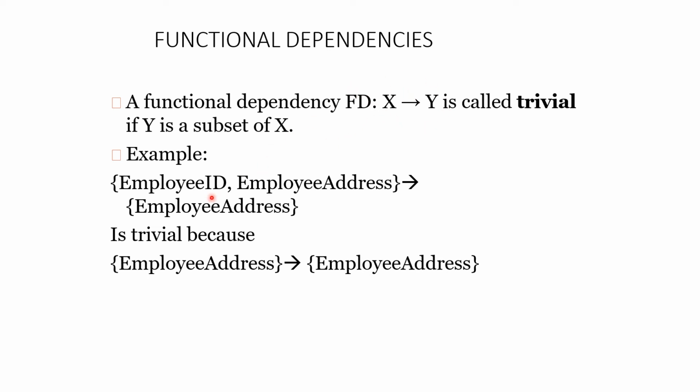For example, employee ID, employee address determines employee address. We can easily see that this employee address is here also. This employee address is a subset of this. So that's why we can say this is a trivial functional dependency.